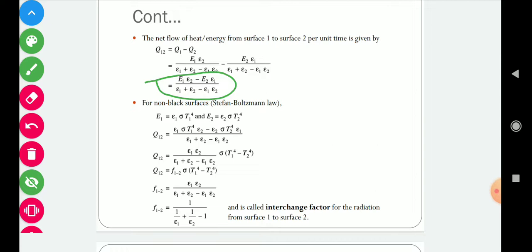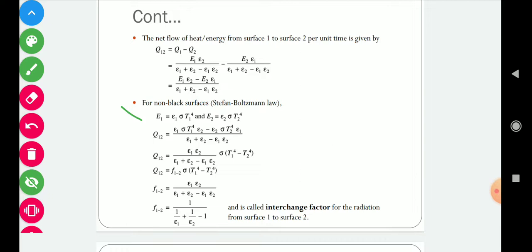So for a non-black surface, if we apply the Stefan-Boltzmann law, then this E1 will be equal to epsilon 1 sigma T1 raised to power 4. Similarly, E2 equals epsilon 2 sigma T2 raised to power 4. Here epsilon 1 and epsilon 2 are emissivities, sigma is the Stefan-Boltzmann constant, and T1 and T2 are temperatures of the surfaces in Kelvin.